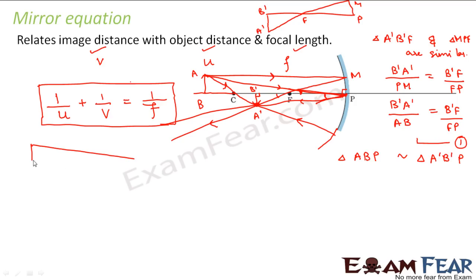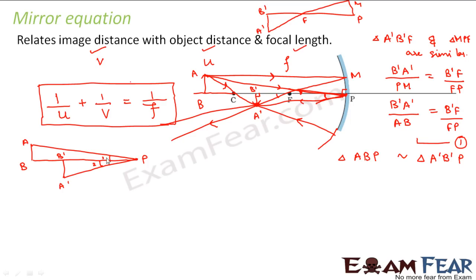This is triangle ABP. This is my angle 1. This will make an angle with P. And there is another triangle like this, with B dash, A dash, and this is angle 2, right? This is how I have drawn it separately.